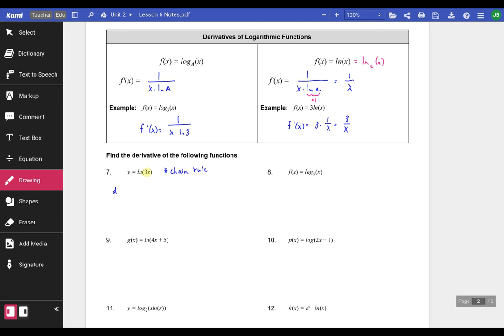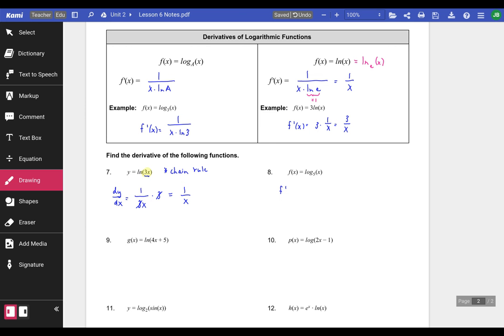So our derivative of y with respect to x, we're going to use our normal derivative for natural log, which says take 1 over the stuff inside the parentheses, so 1 over 3x, and then multiply by the derivative of what's in the parentheses, which is going to be 3. And so here we have our 3's cancel out, so our derivative is just 1 over x.